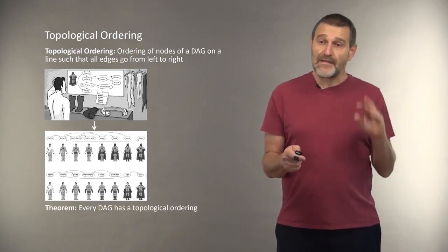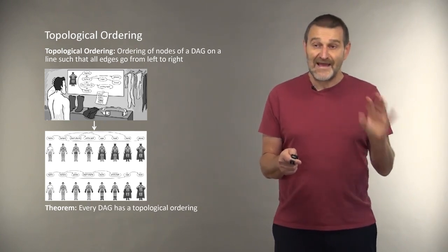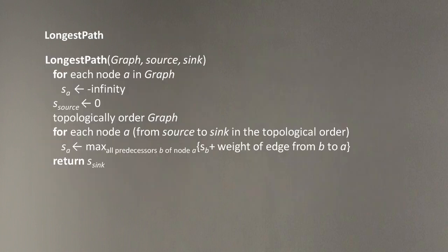There is a simple theorem that we are not proving, but you can try to prove it yourself: every DAG has a topological ordering. In fact, for our Manhattan grid, there are many different topological orderings, and two of them are shown on this slide.